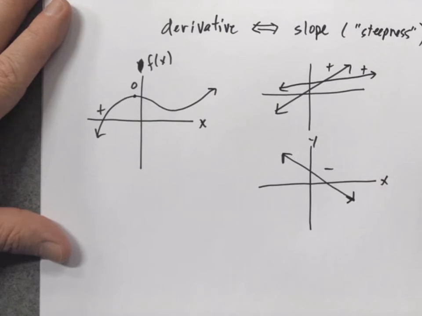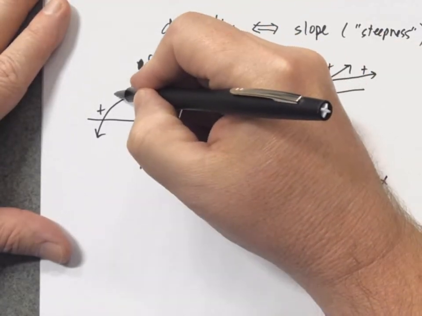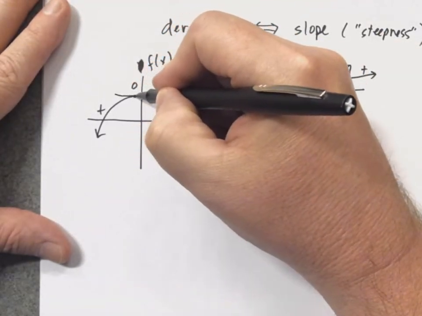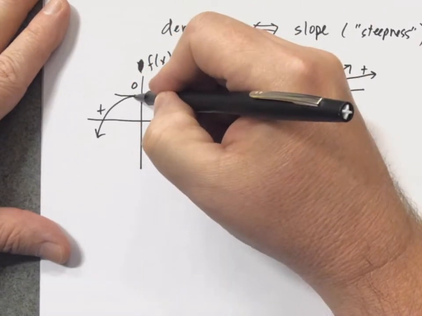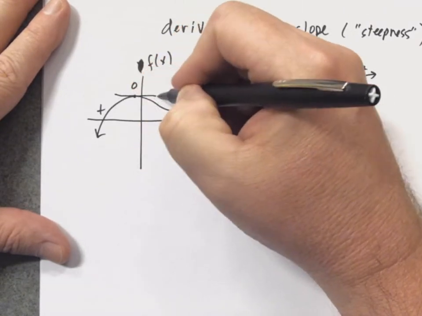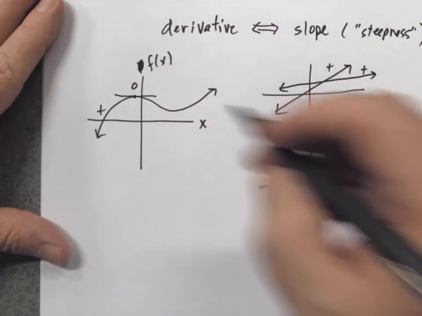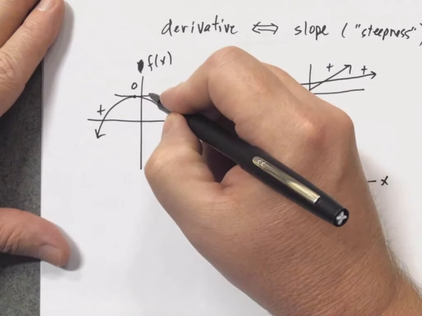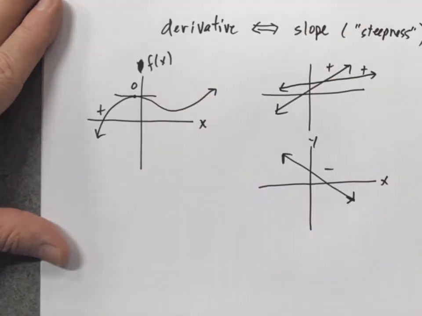And once again, we talked about looking at the tangent line to the graph. Remember, the tangent line is a line that touches the graph at just one point. If I were to draw the tangent line at the top of this curve, it would be horizontal, and the slope of this horizontal line is 0.